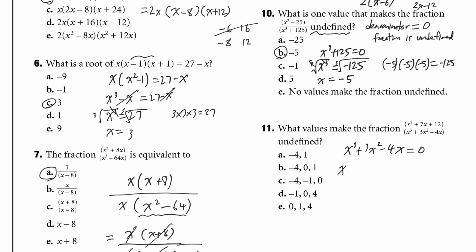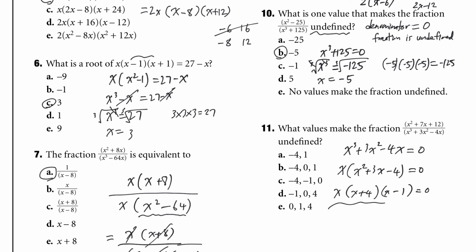I can common factor x, like so. Let's factor it. Two numbers that multiply to give you negative 4 and add to give you 3. Well, that's going to be plus 4 and minus 1, because minus 1 times 4 is negative 4, and 4 minus 1 is 3. And that's equal to 0.